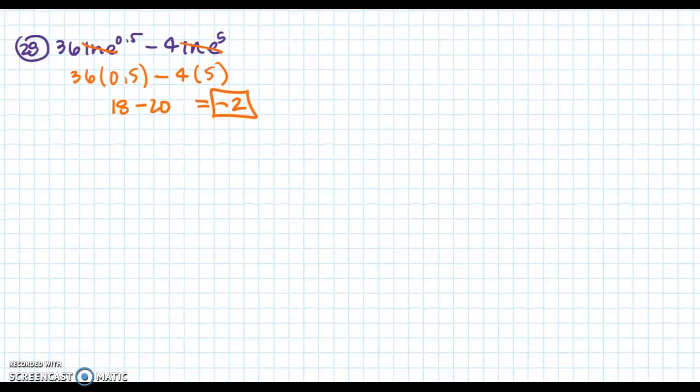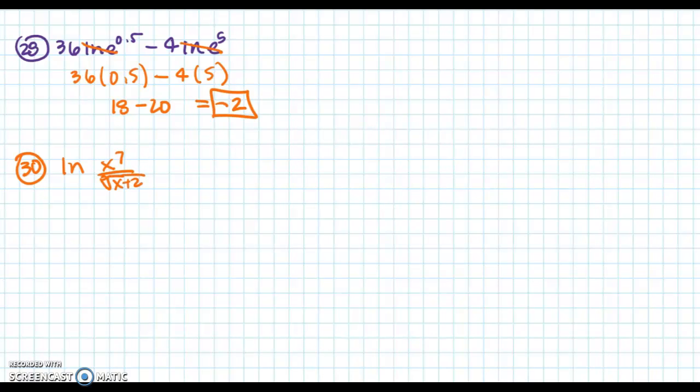Then the next one, we're going even, so number 30 is we are expanding. Third root of x plus 2. It's important to realize the x plus 2 is never going to break apart. So first break it apart into subtraction.